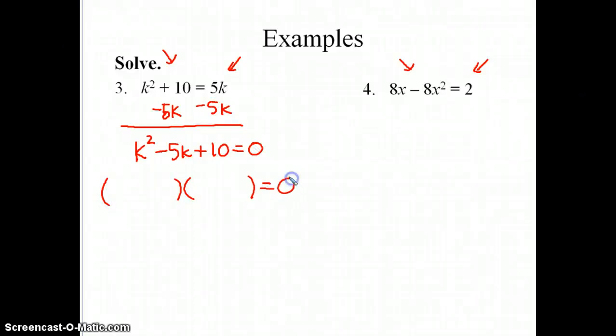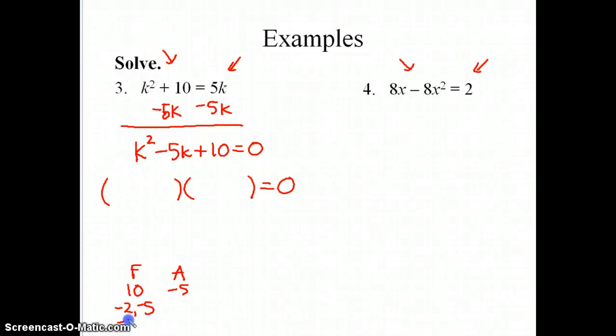Again, I go through my steps for factoring. I note that this is a factor-add problem, so factors of 10 that add to negative 5. I recognize right away that negative 2 and 5 is a possibility.